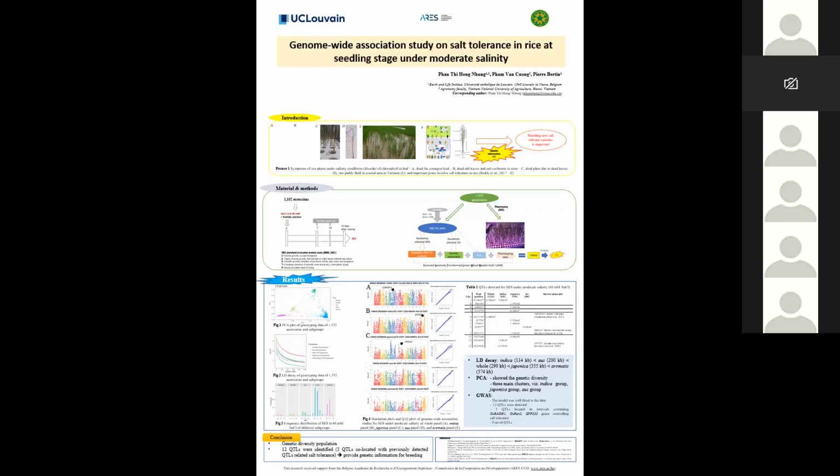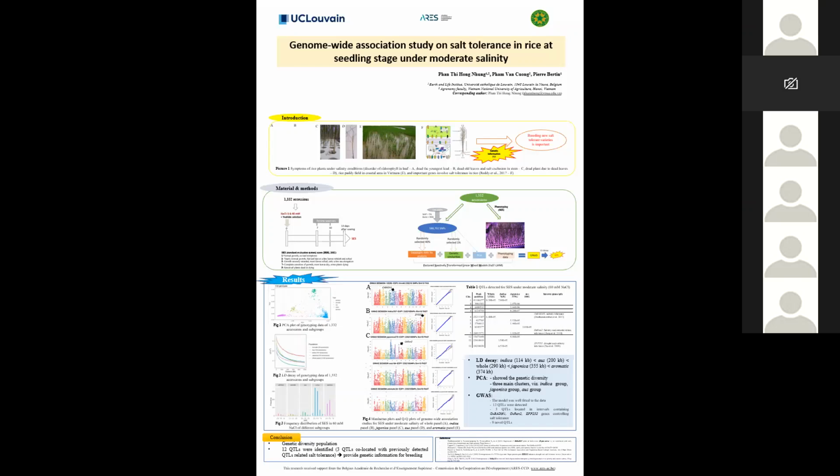We can see on the left side, in the left corner, we have 3 figures. Figure 1 is the PCA plot of genotypic data of the whole population, 1,332 accessions, divided into 5 different groups.